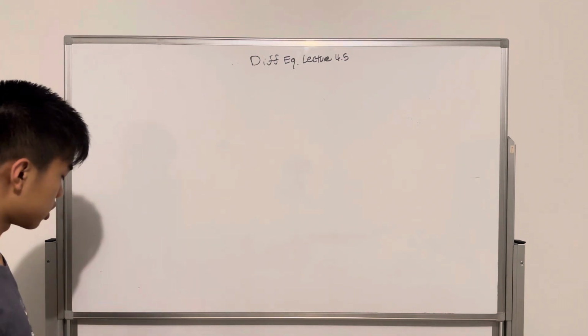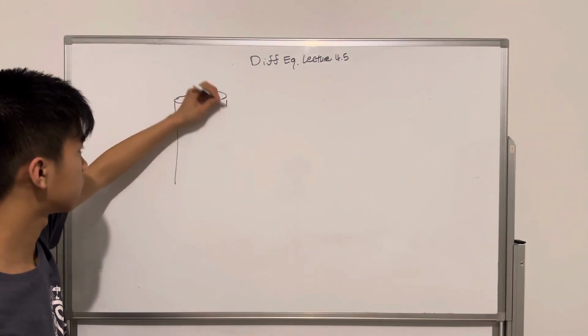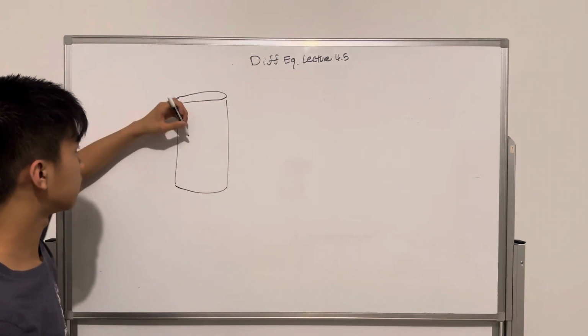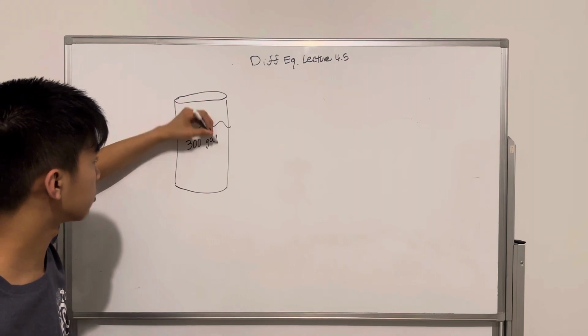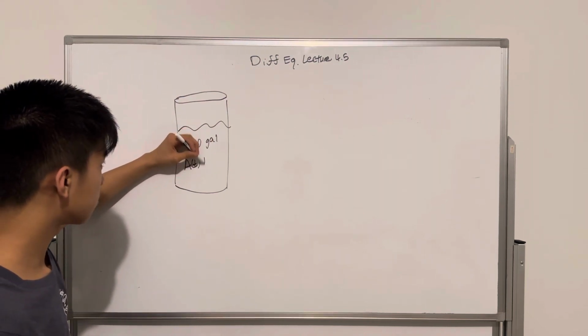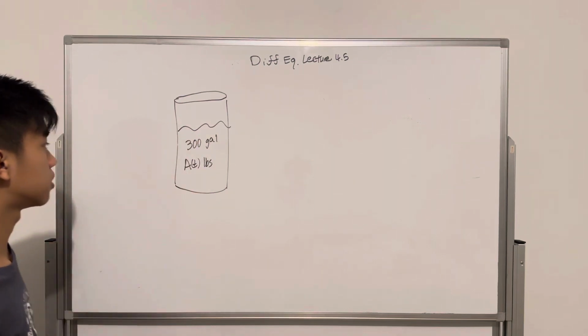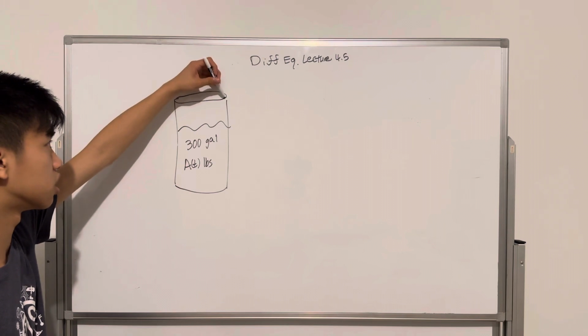So for our first example, let's say we have a bucket of water, and it has 300 gallons in it right now, and it has 8 pounds of salt inside, where A is a function of t and it's constantly changing.